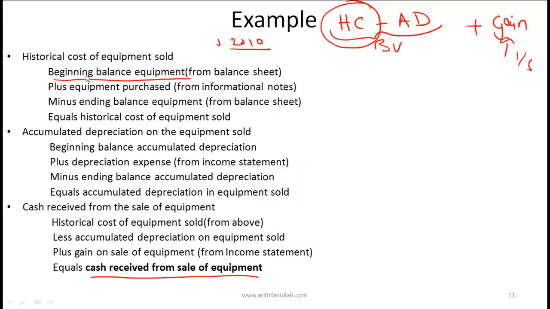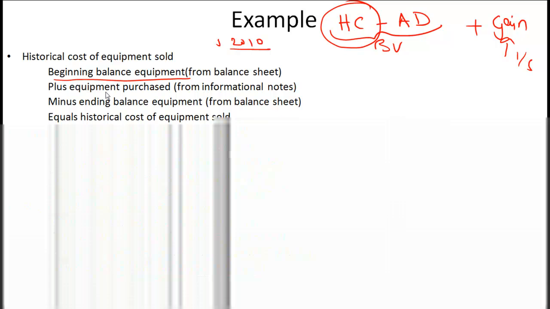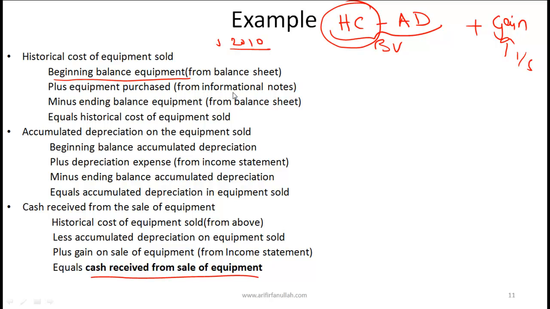At the start of the year, we look at how much equipment we have, plus equipment purchased during the year. Typically this will be in the footnotes. Let's say your beginning balance is 10, and then during the year you have purchased equipment worth 2, and the ending balance of equipment is 5.